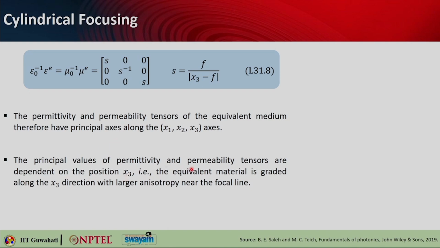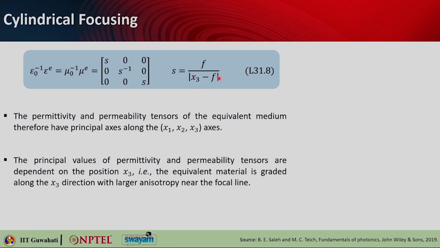But the principal values of the permittivity and permeability tensors are dependent on the position x3. So, this is important because S is basically all dependent on this particular position. That is, the equivalent material is basically graded along the x3 direction with larger anisotropy near the focal line.